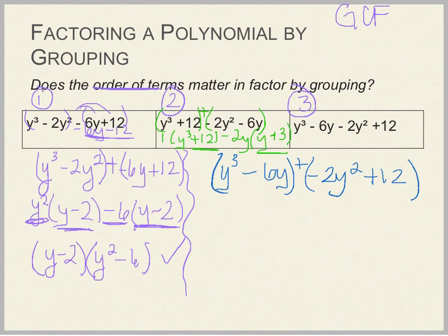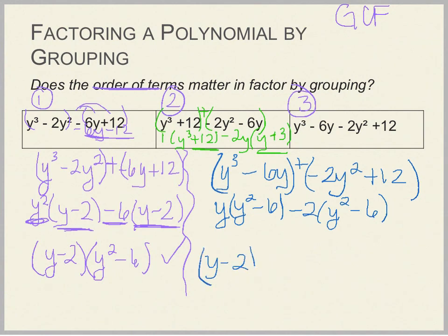Next, I'm going to take out my greatest common factors. At first, my greatest common factor is a y, leaving y squared minus 6. And I'm going to take out a negative 2, leaving y squared minus 6. Completing this, I have y minus 2 times y squared minus 6, arriving at a correct answer.